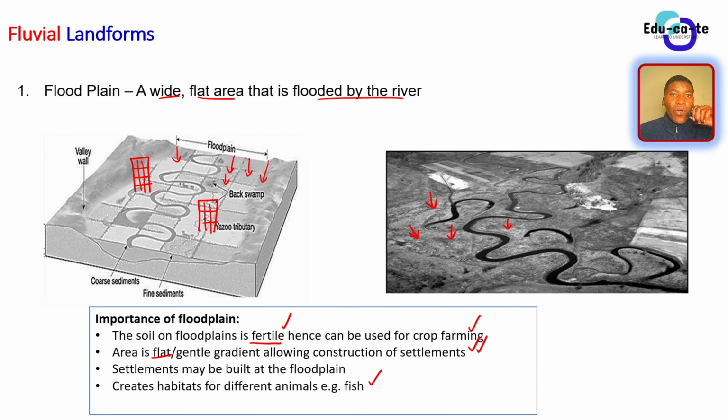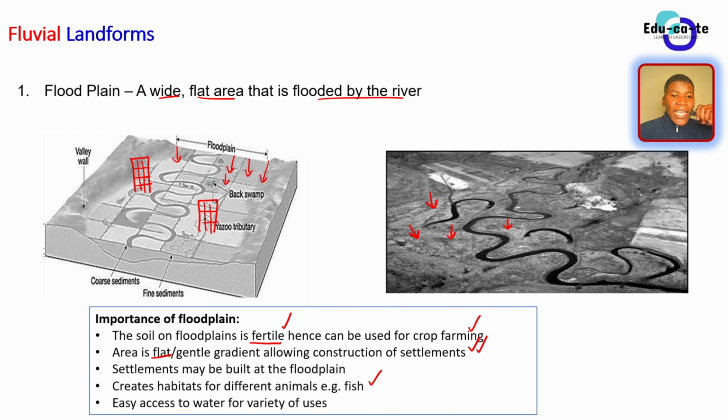Even fish can be harbored by the floodplain. So that area surrounding the river can create habitats for a variety of animals. We can say that it increases the biodiversity, which still means the same idea as giving habitats for animals.